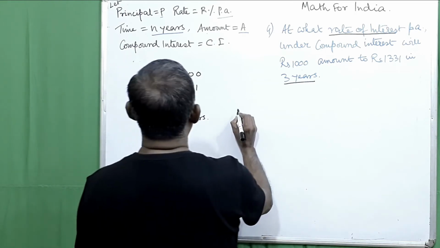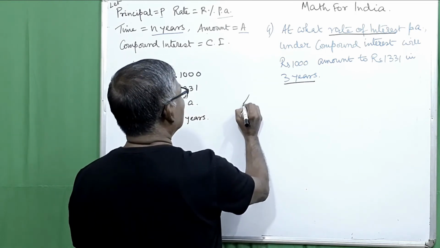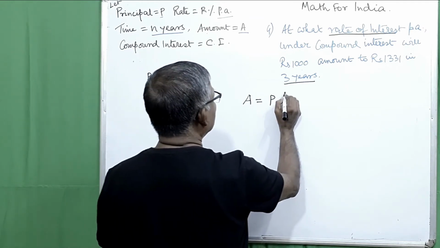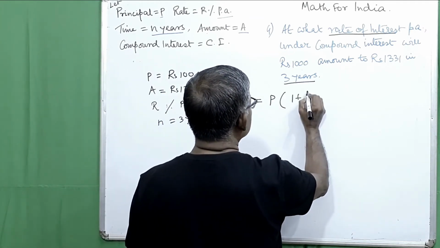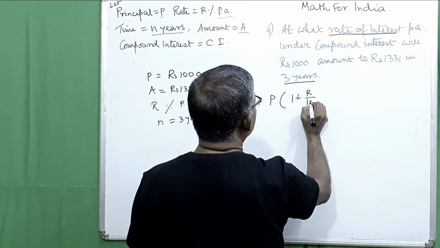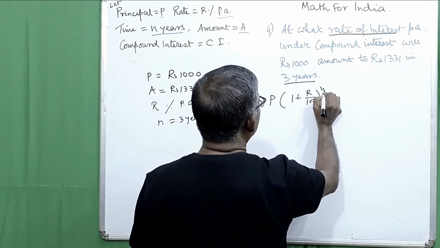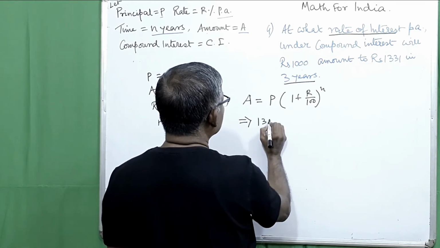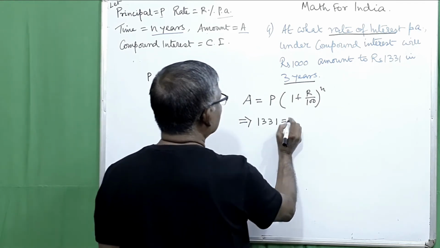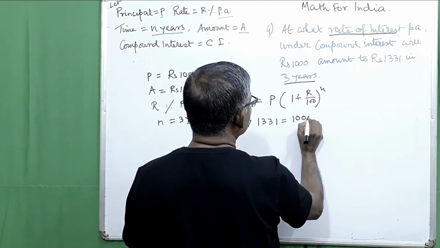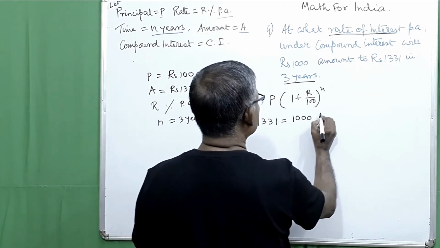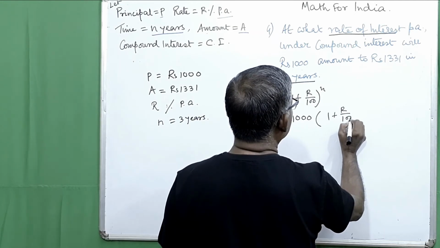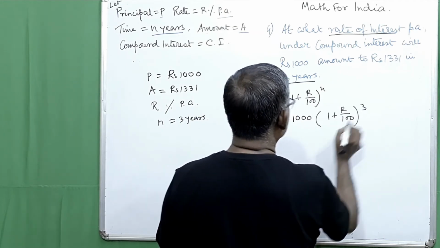Therefore we know, A equal to P into 1 plus R by 100 whole to the power n. This implies that 1331 equal to P, that means 1000, into 1 plus R by 100 whole to the power 3.